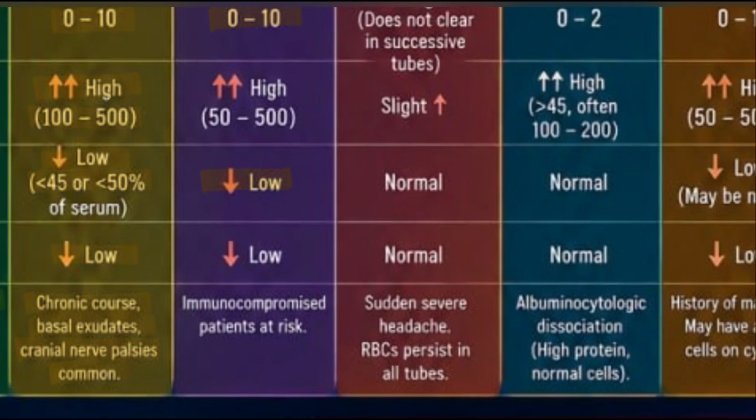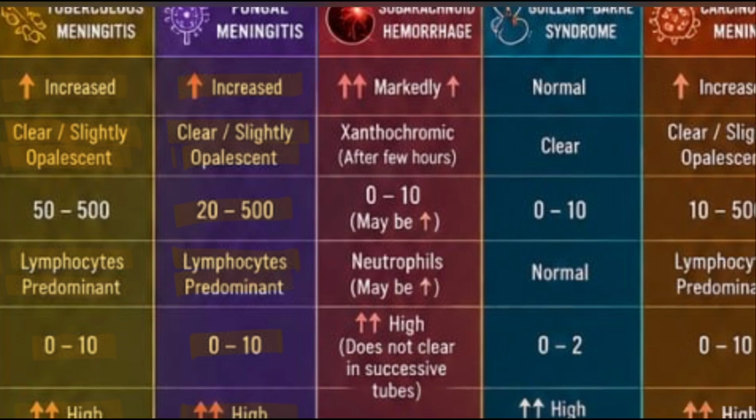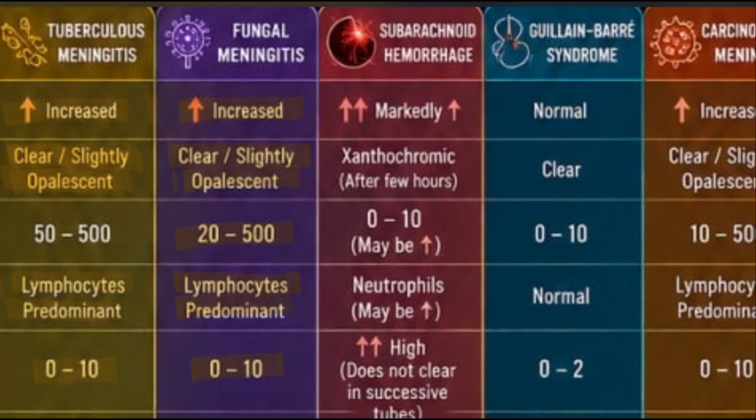Along with that, the chloride will become less, and the protein will be high, 50 to 500. So immunocompromised patients are at risk of fungal meningitis. Next, you can see subarachnoid hemorrhage.